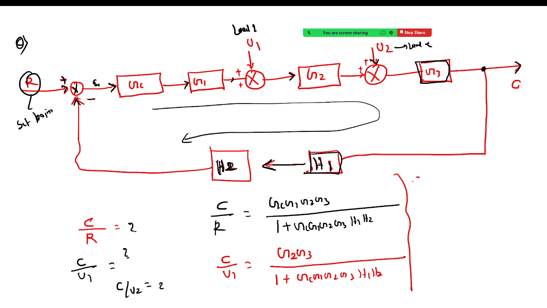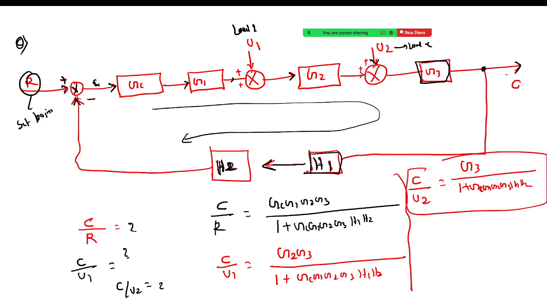Right? Now they are asking for C by U2. What is between U2 and C? That is only G3. So I will place G3 in the numerator, upon 1 plus GC G1 G2 G3 H1 H2, right? So this will be your transfer function, and this is the way we can solve these kinds of complicated transfer functions.